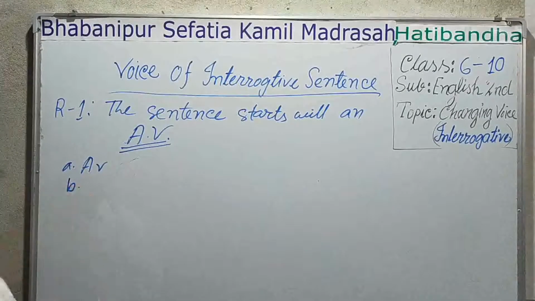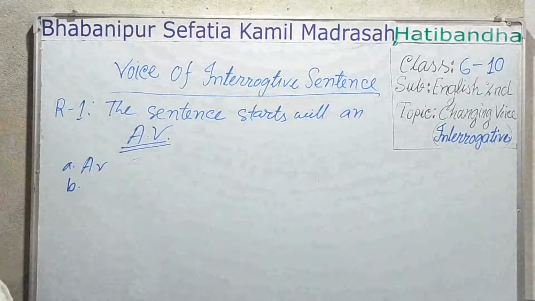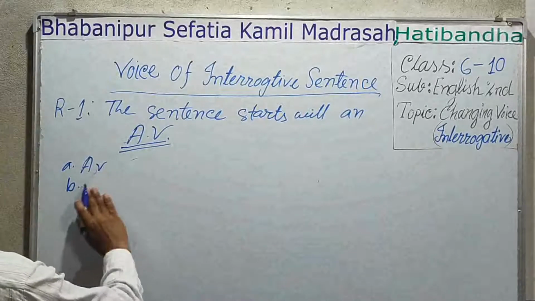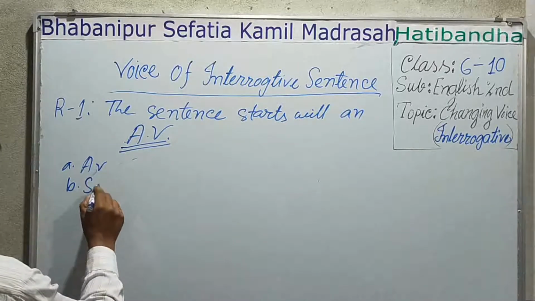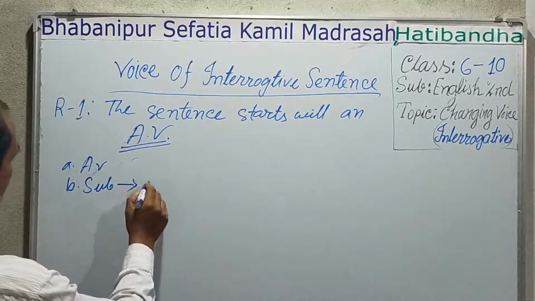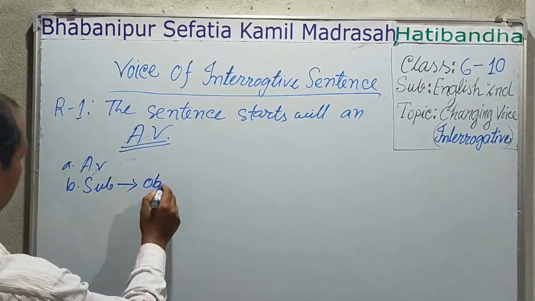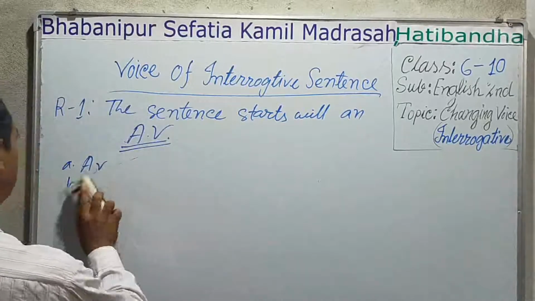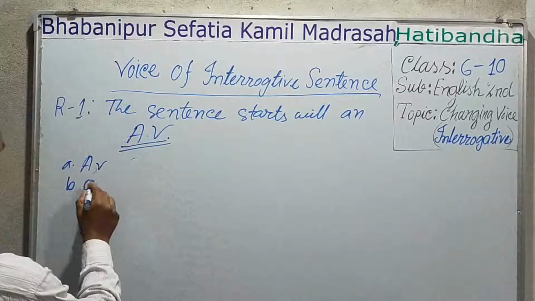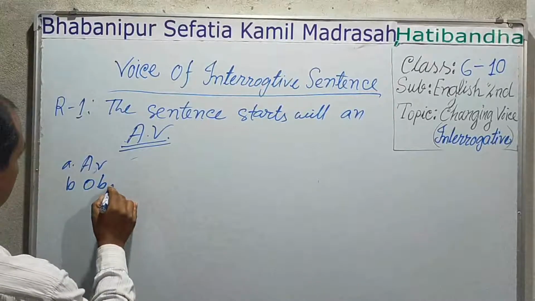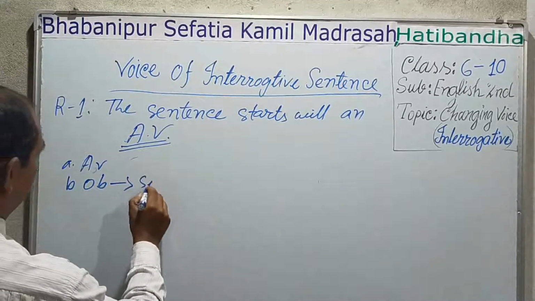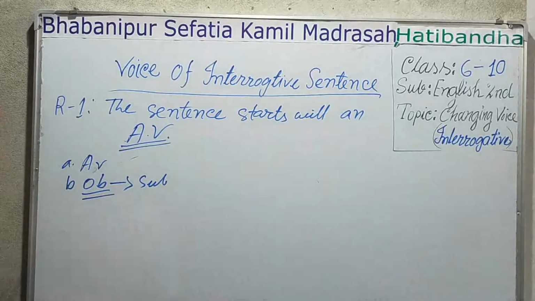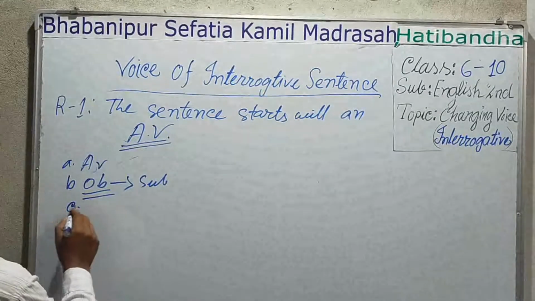Next, number B. The object as subject, I mean it would be the subjective form of the object. We need the subjective form.